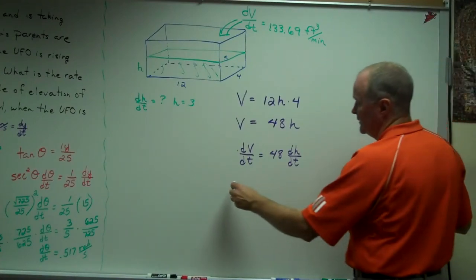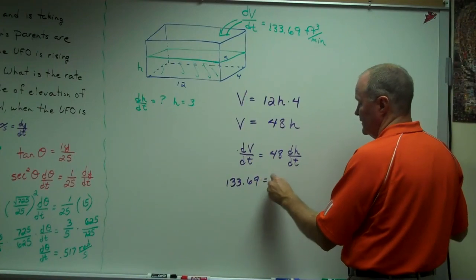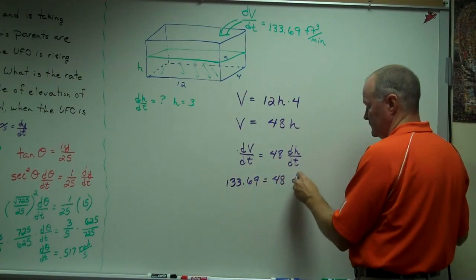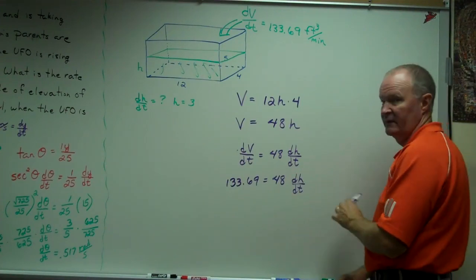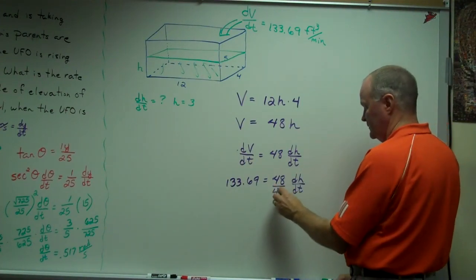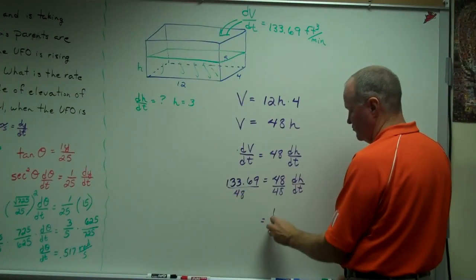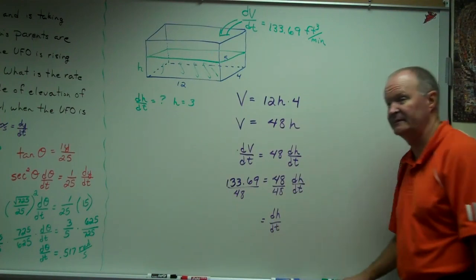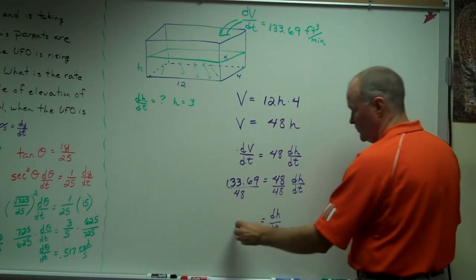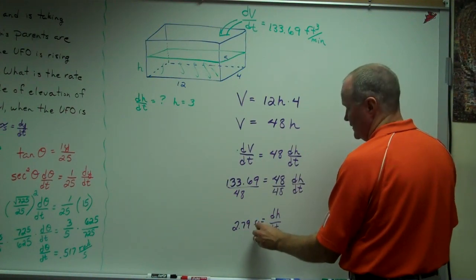So I'm just going to plug in 133.69. If I just divide everybody by 48, I'll have my answer. It's about 2.79 feet per minute.